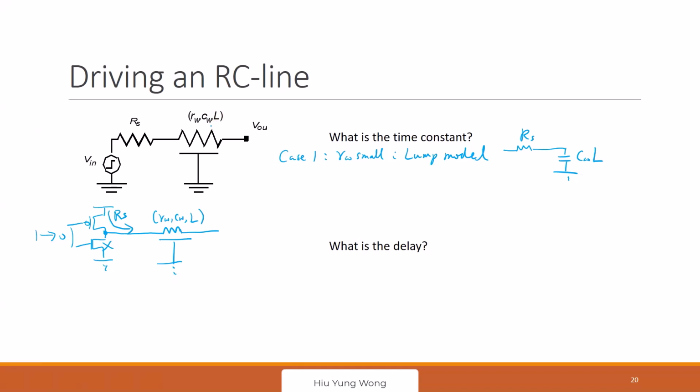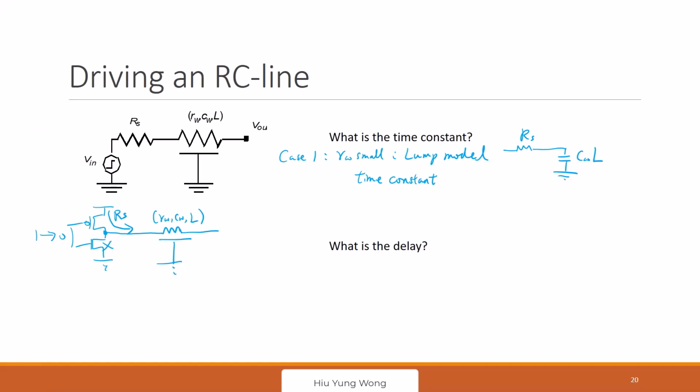Right? So what is the delay for this one if it is the lump model? Can someone remind me? We just discussed. Or the time constant. What is the time constant of this model? 0.69 RC.